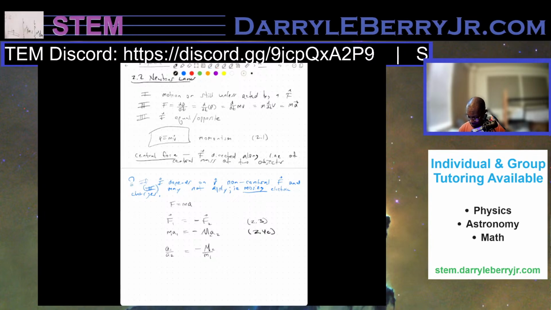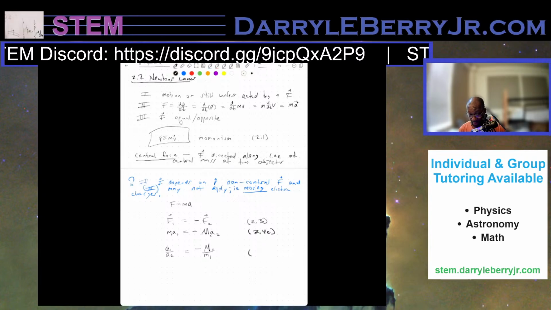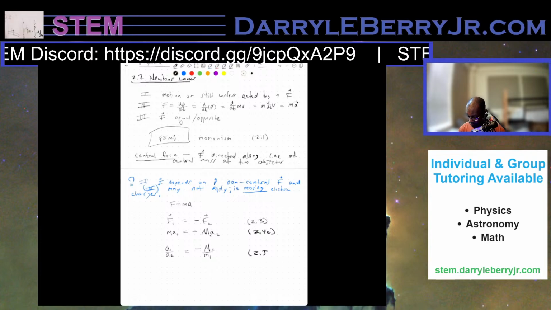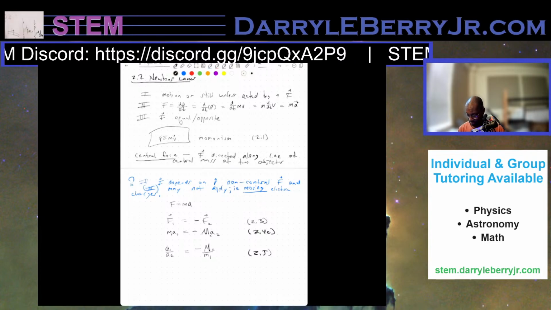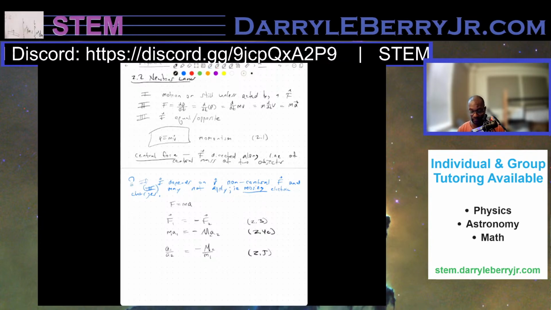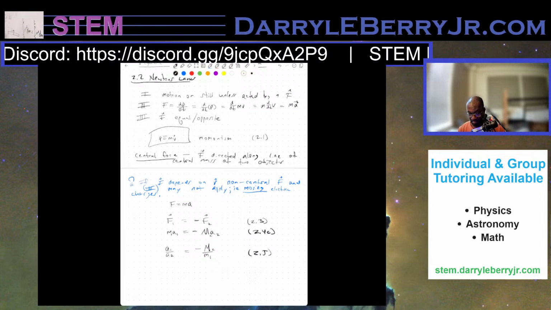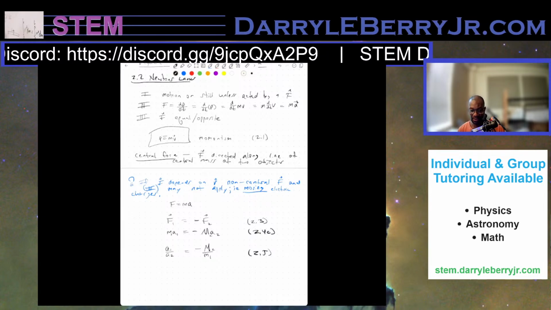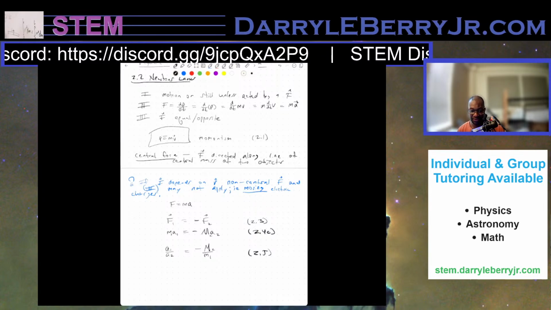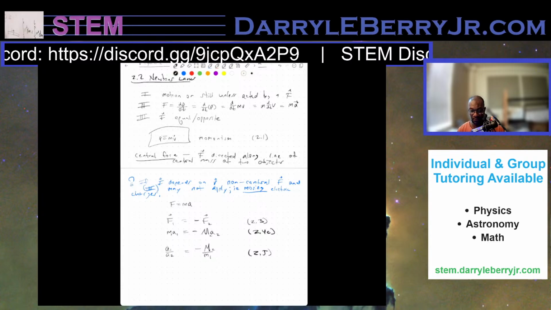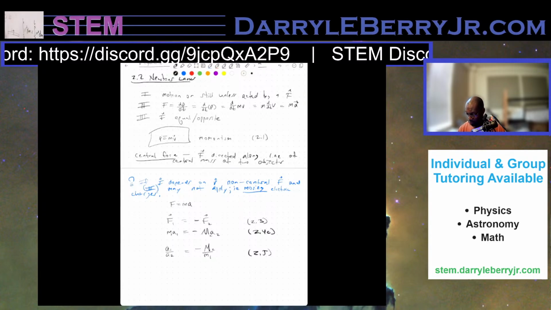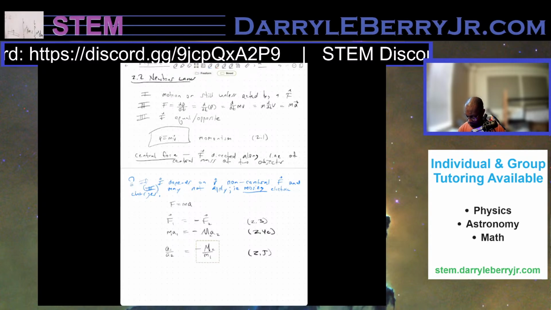But they put the negative on the other side, which makes sense. I guess mass will never be negative, but that's okay. The negative sign indicates only that the two accelerations are oppositely directed. So why don't I change that?